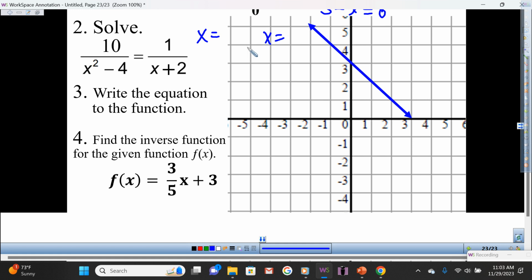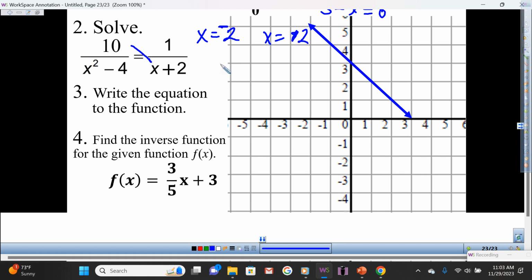Martin, what did you get for number two? x equals what? 2. x equals what? Oh, first one, -2. -12? Just 12? All right, let's double check.